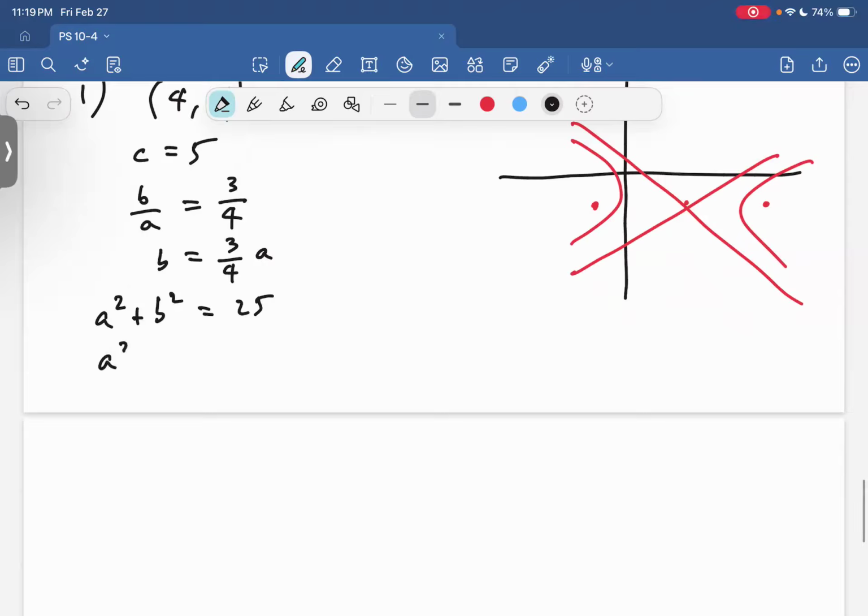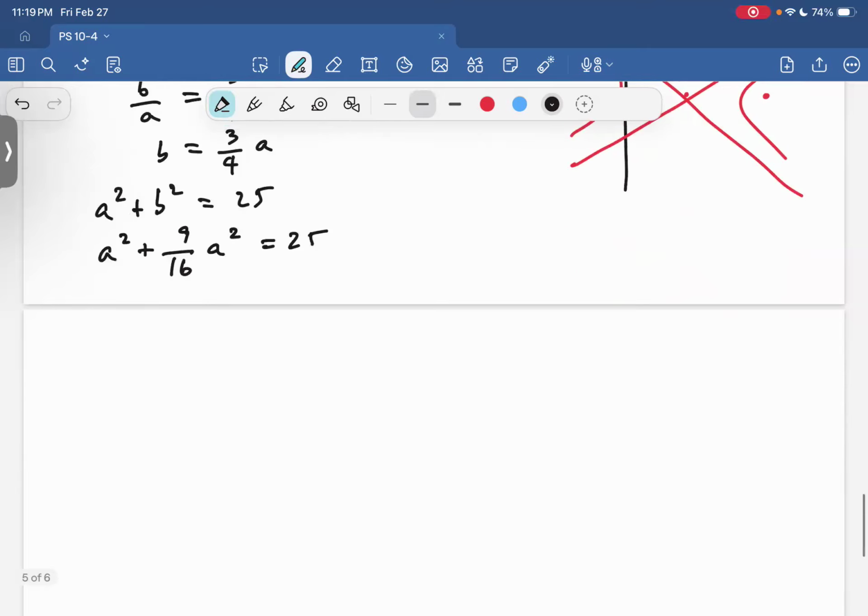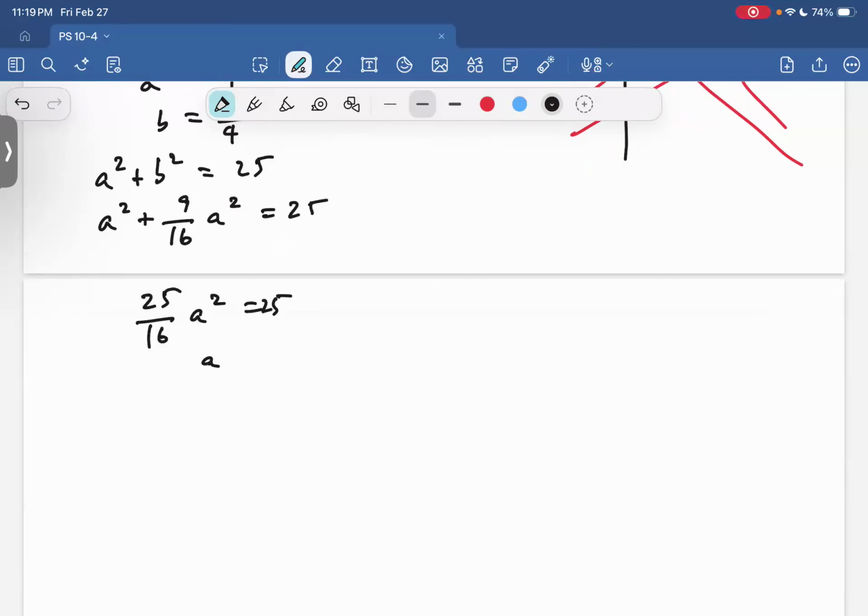So that means A squared plus 9 over 16 A squared equals 25. And then you can solve this. You would find that A squared equals 16. So A equals 4, B equals 3.